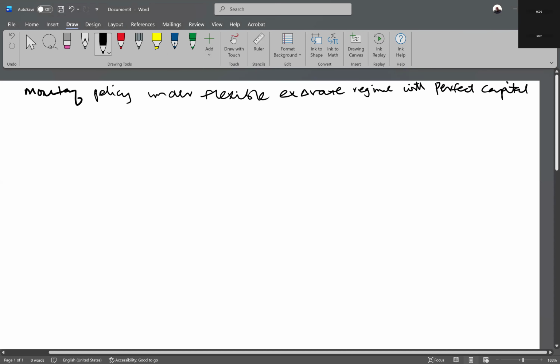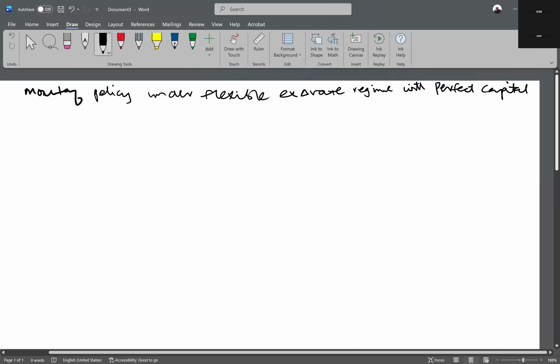So we draw the curves again. So Y, this is our IS curve, IS0.